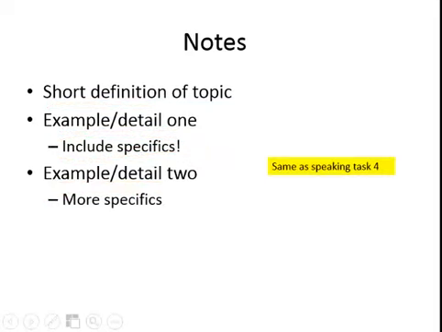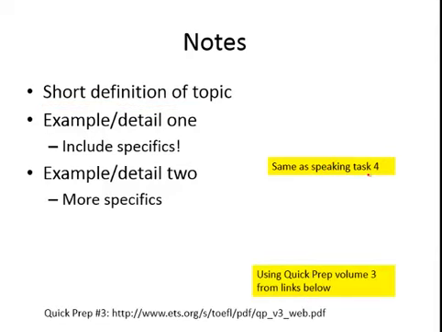This is the same as speaking task 4. The only difference is the first part of your notes is from the reading in task 4, but it's from the lecture in task 6 because there is no reading. Again, we're using Quick Prep 3.